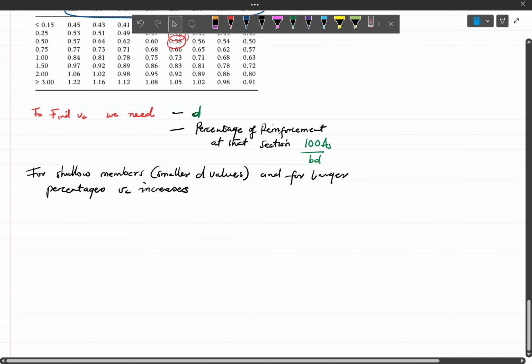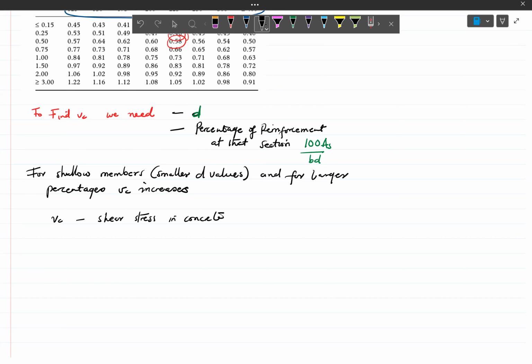So we know the vc to be the shear stress in the concrete. If you want to know the shear resistance of the concrete, let me call that Vc, where Vc is the shear resistance of the concrete.